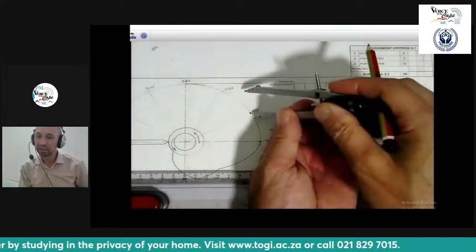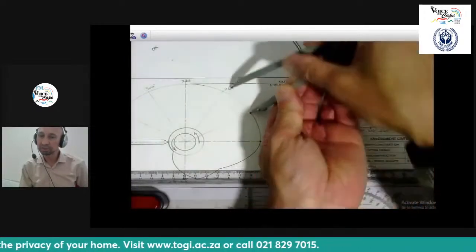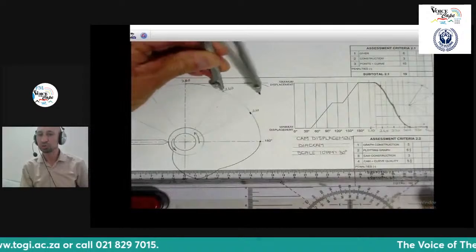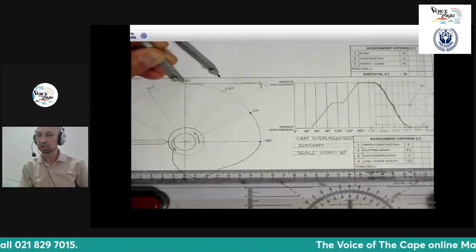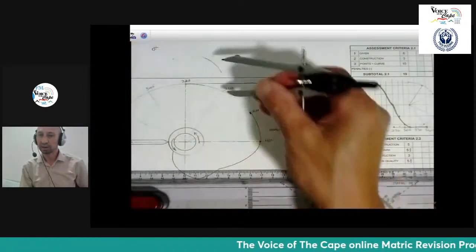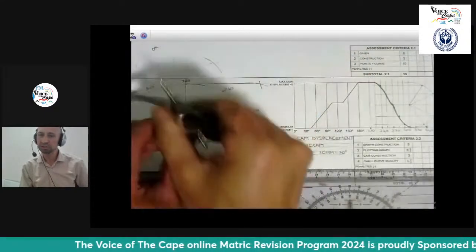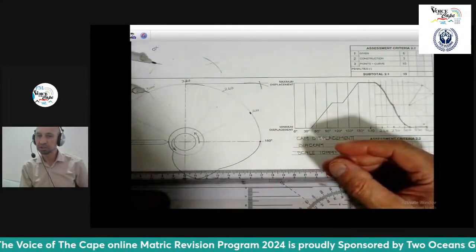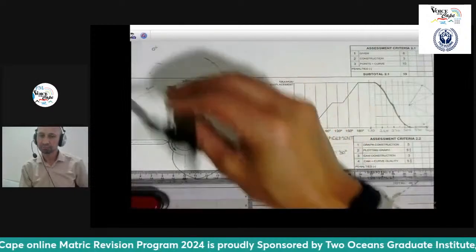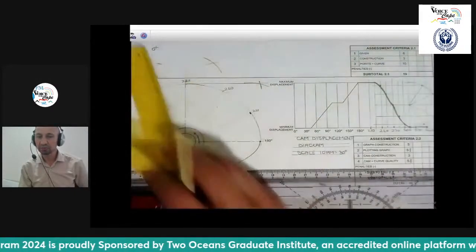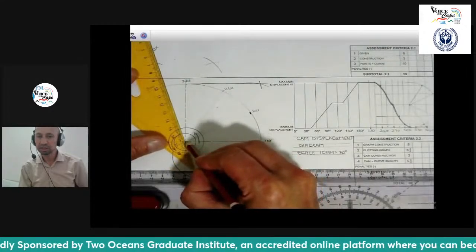I've got to divide this angle here, which is 30 degrees, into 2, which is 15. So I simply do that construction on each side, and I'm going to do it in all of those because I'm going to have those little sections, those divisions, here as well. I do that, and if you can't do it on the outside, nothing prevents you from doing it on the inside as well.